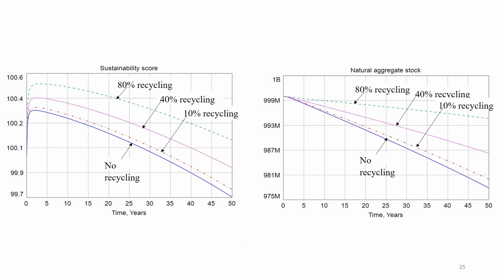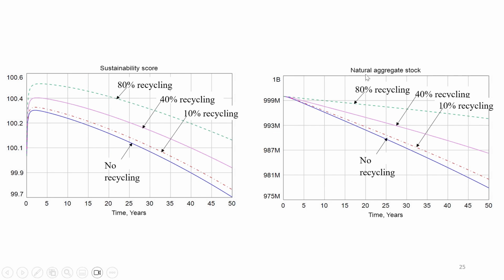First of all, if you look at the sustainability score, which tells us how sustainable the system is, we can see that if there is no recycling, obviously my sustainability score goes down, right? If I have 10%, it goes down less. If I have 40 and 80, they are actually going up, right? So they are remaining at a fairly high level.